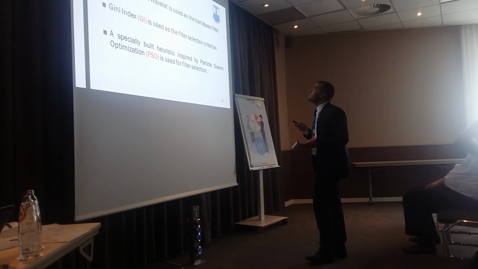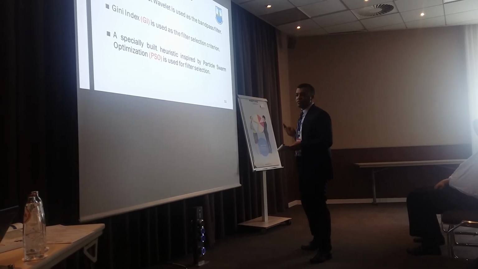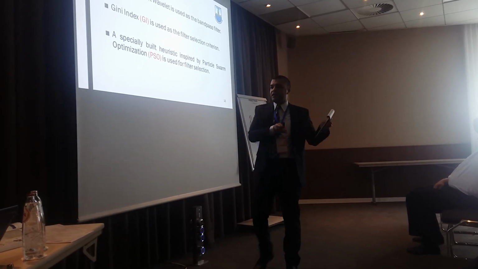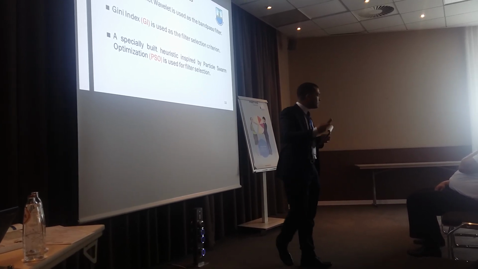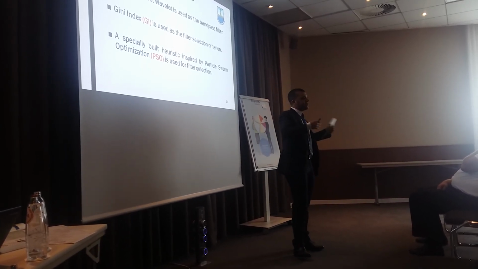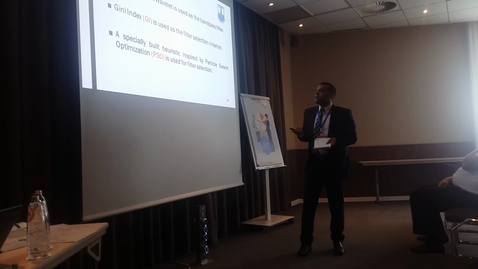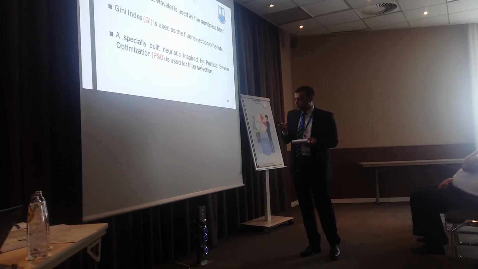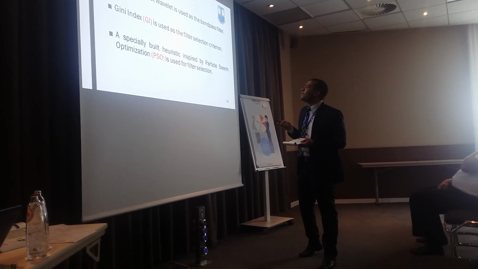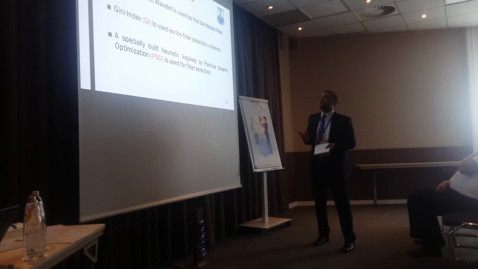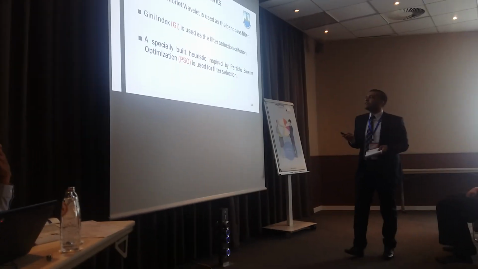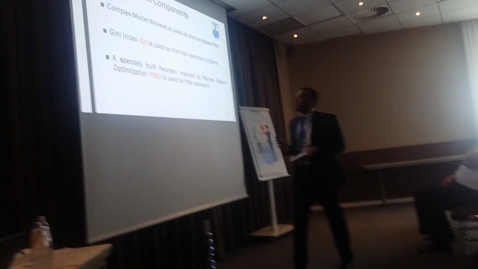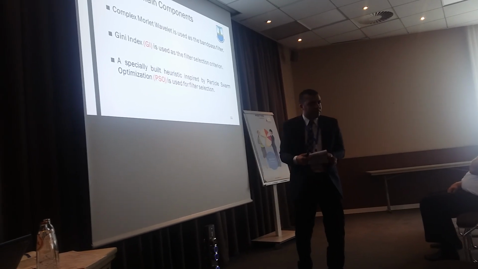The Gini index is used here as the filter selection criterion because impulsive signals are sparser than noisy ones. And the third component is a specially built heuristic inspired by particle swarm optimization with some modifications, specially built for optimum filter selection.